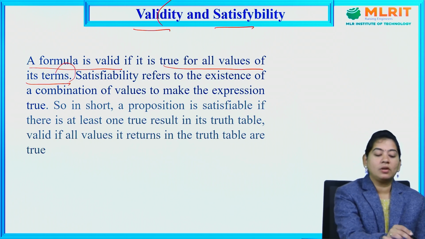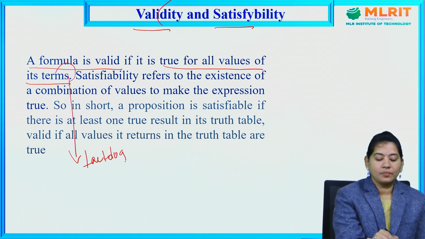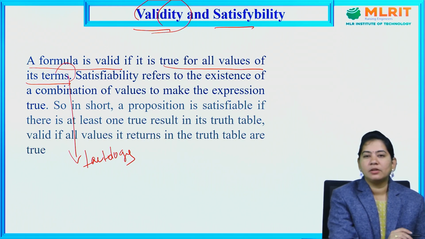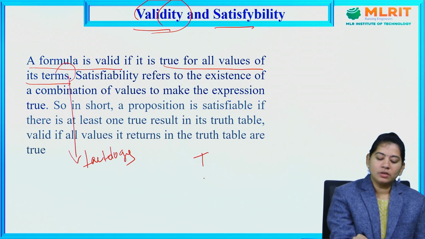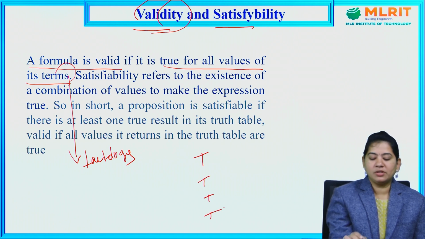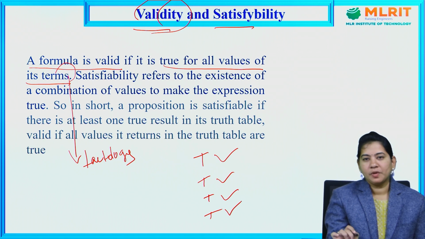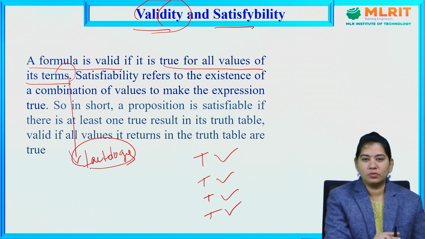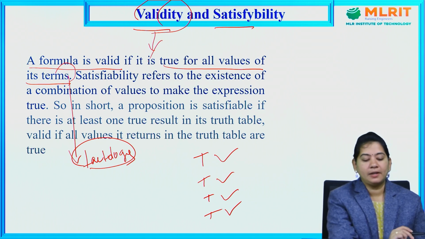This is also called a tautology. Means if you have truths in all possible situations, then we can say this is called validity. Basically it is also called a tautology when you are constructing the truth table. But formally you can write it as validity.